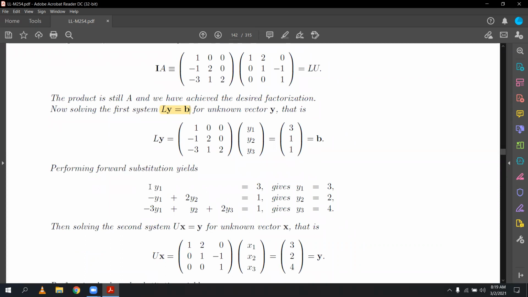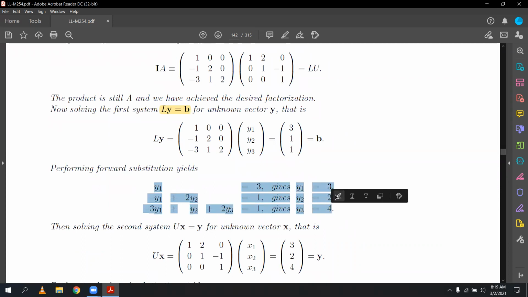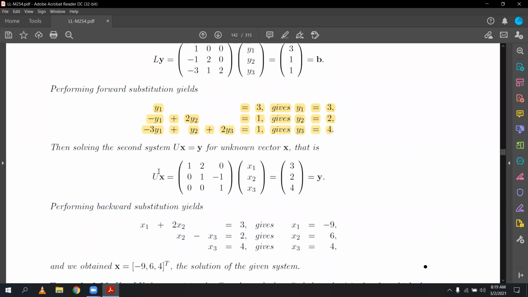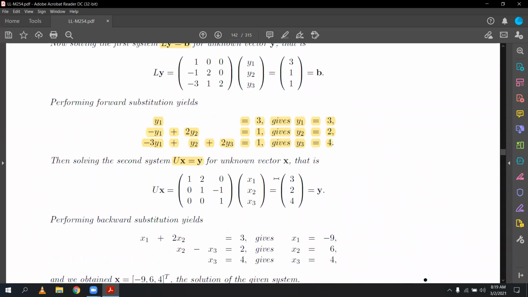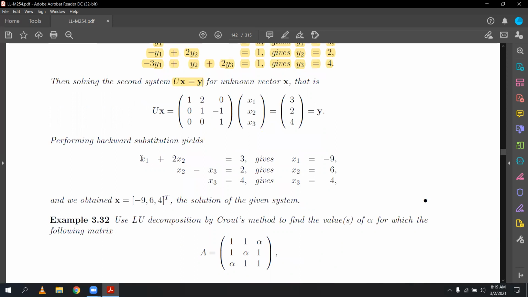Then you use forward substitution, and you will get the value of Y: Y1 is 3, Y2 is 2, and Y3 is -4. Then the last step to approach the solution is Ux equal to Y. U you just got in this step, and Y you just found in the previous step, which is 3, 2, and -4. Now you use backward substitution, and you will get the unique solution.